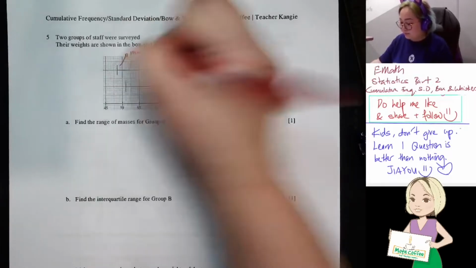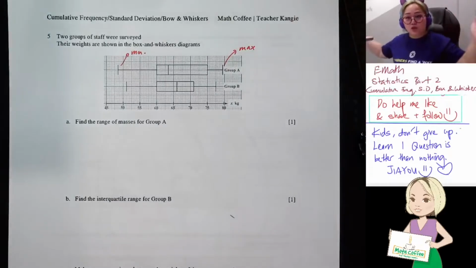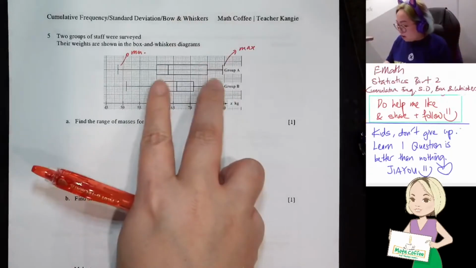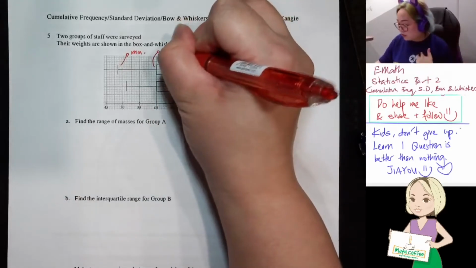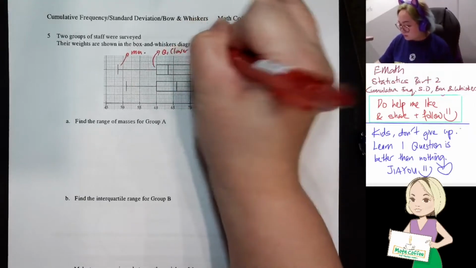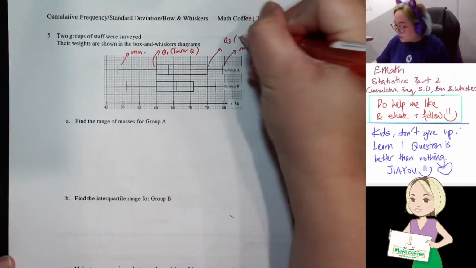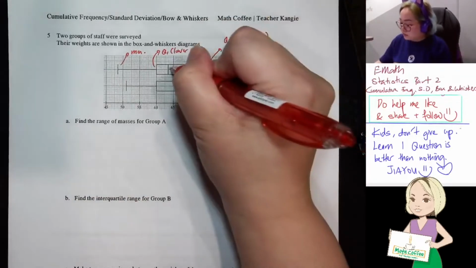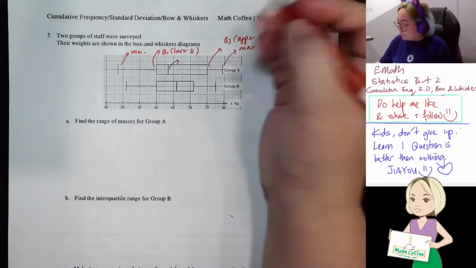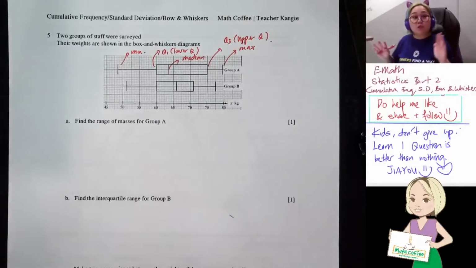This is the minimum and this is the maximum. That means the 2 extreme vertical lines. For the box, this line here is the lower quartile, or I call it Q1. The end of the box is the Q3, which is our upper quartile. And the middle line will be the Q2, which is our median. You just need to remember these 5 things. And when it comes out, then you will know what you want.